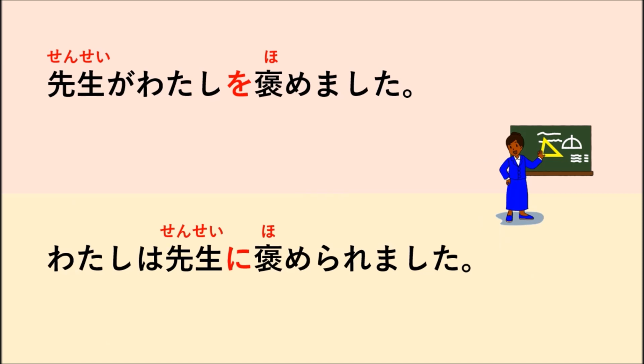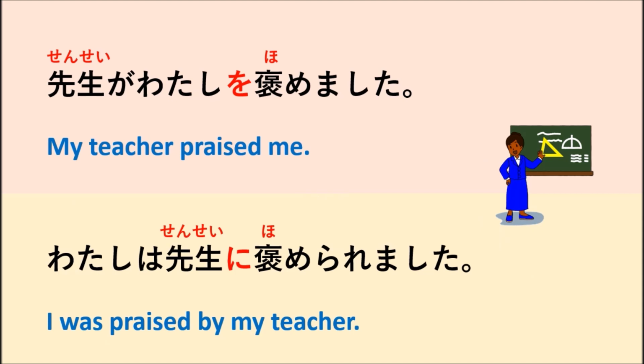The first example is Sensei ga watashi o homemashita. The second sentence is Watashi wa sensei ni homeraremashita. So how are these two sentences different? We can translate them like this.